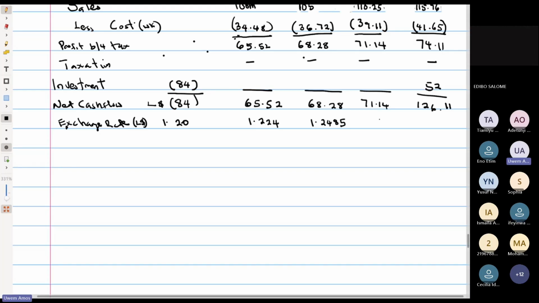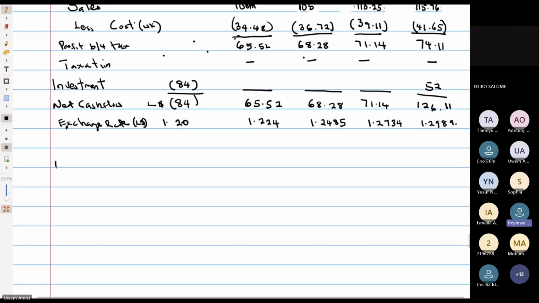And the year after that is 1.2734. And the last year, I know it's 1.29 something. Is it 89? Yeah, I think it's 89. 1.2989. Okay, so let's convert that, or let's remit it now home to Naira.